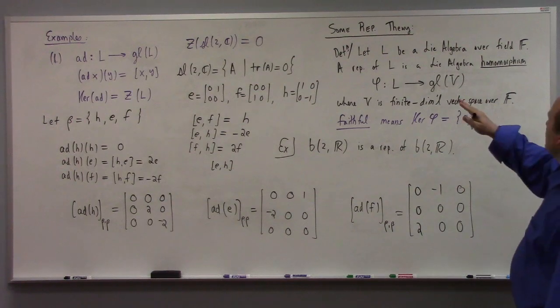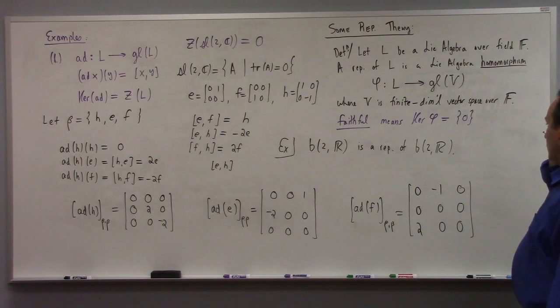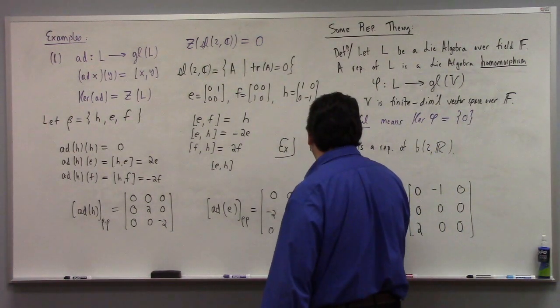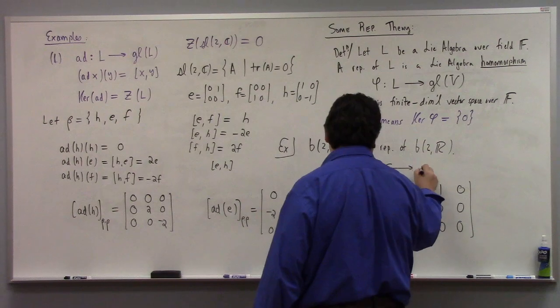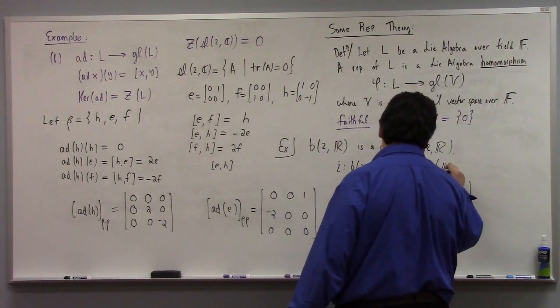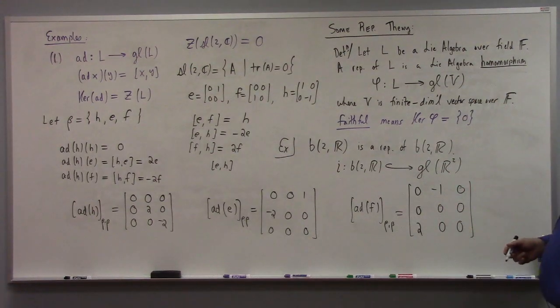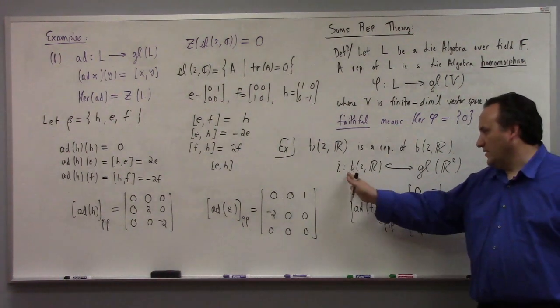Let's see, Lie algebra homomorphism. You can talk about just the inclusion map from B2R into GLR2, and that's the Lie algebra homomorphism, and it's faithful because the kernel of this is trivial, it's a one-to-one map.